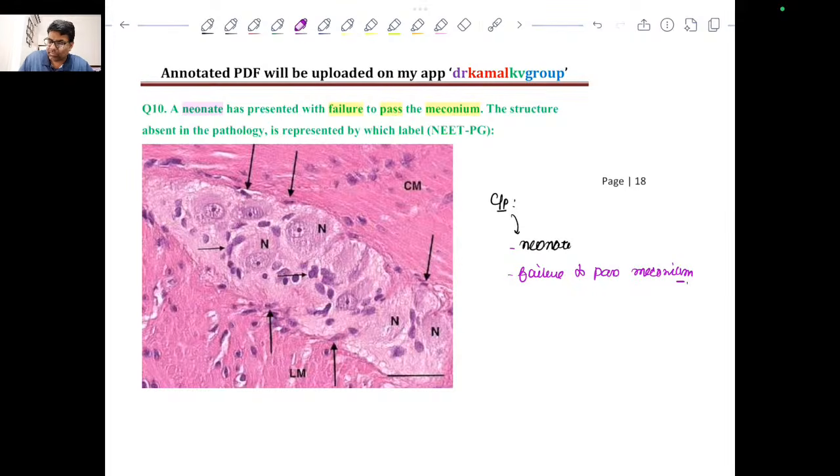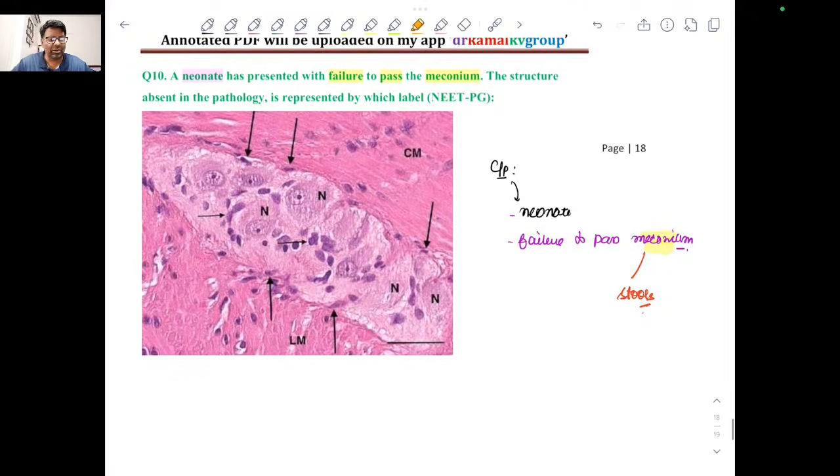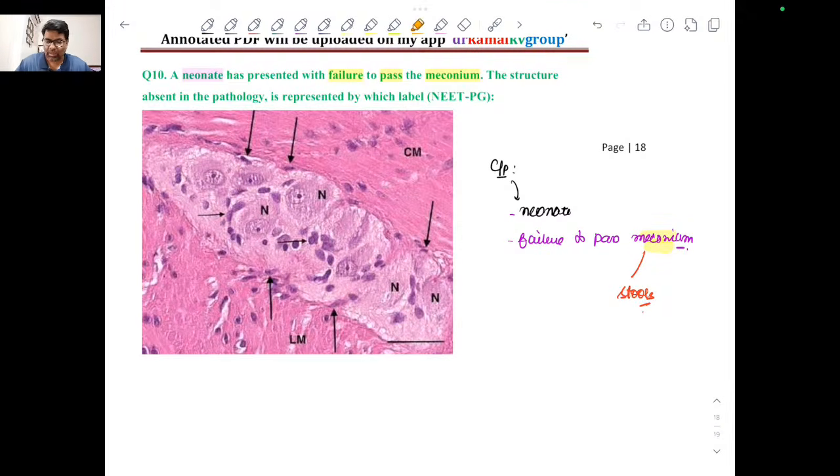Now what is this meconium? Meconium is stool, right? So these are the stools of a newborn. So it means the newborn is not able to pass stools.